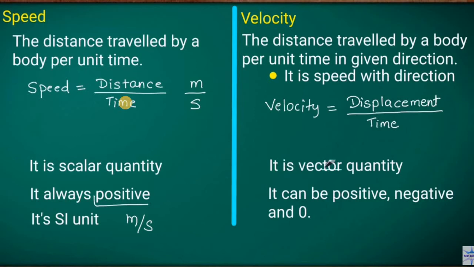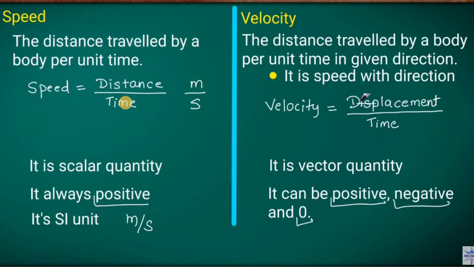So it is speed with direction. Velocity is equal to displacement divided by time, because here the direction is required. It is a vector quantity, meaning the description of velocity requires direction, and it can be positive, negative, and zero.